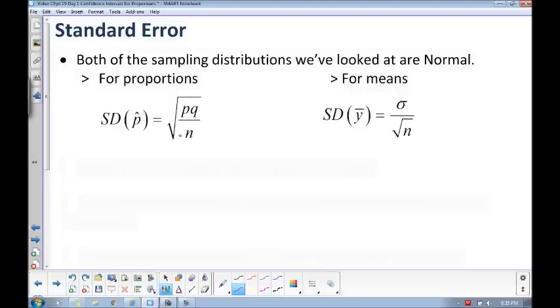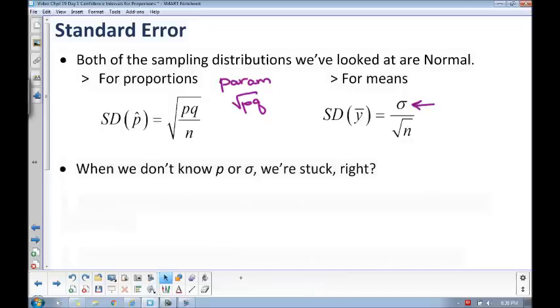We do know that for a sampling distribution, the standard deviation of the sample is root PQ over n, or sigma over root n, because the population distribution, or the parameter, is root PQ and sigma. So when I'm going from the parameter to the sampling distribution, we take the truth and divide it by the sample size, and it's all under the square root.